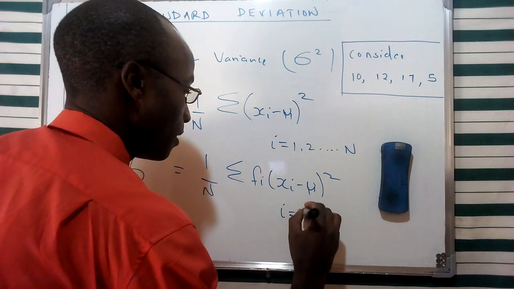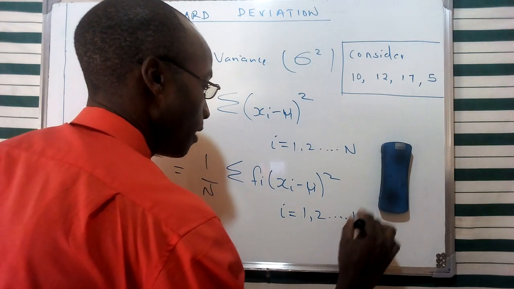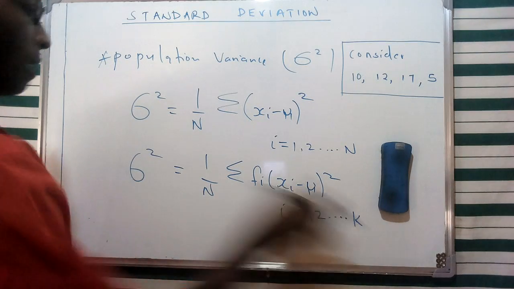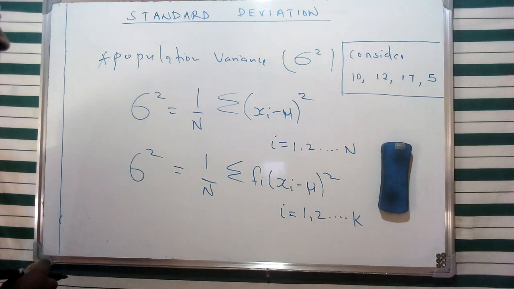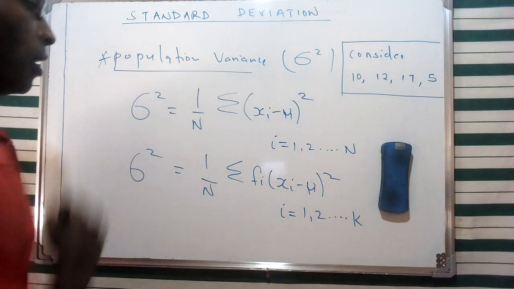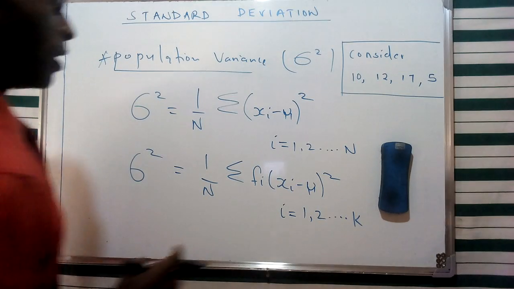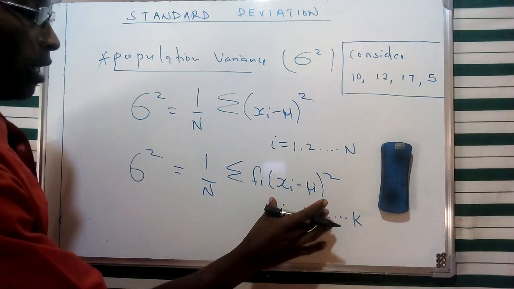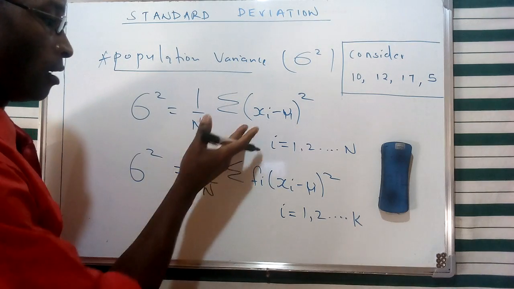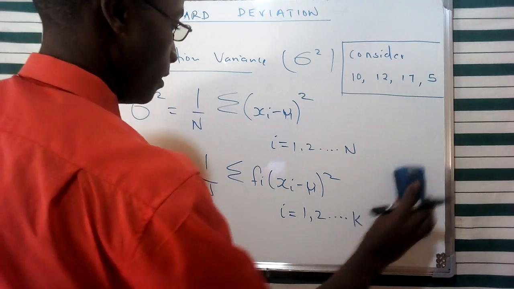In this case, we have decided that basically the values of i are going to represent these values from 1 to a specific number of classes in that frequency distribution. And therefore, this gave us two general representations for raw data and frequency distribution for population variance. So take note of this fact that we have squared the deviation for the population variance for both raw data and frequency distribution.